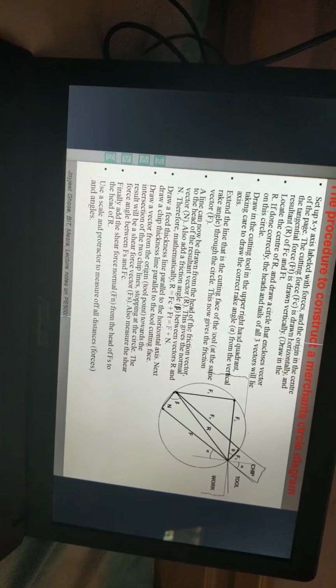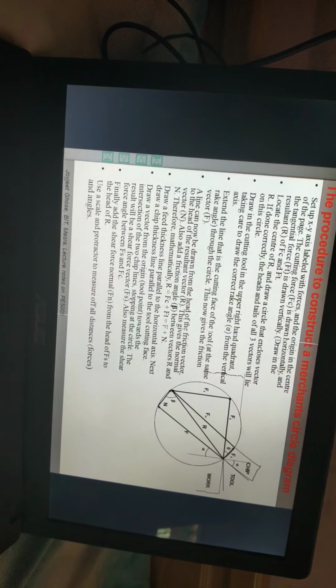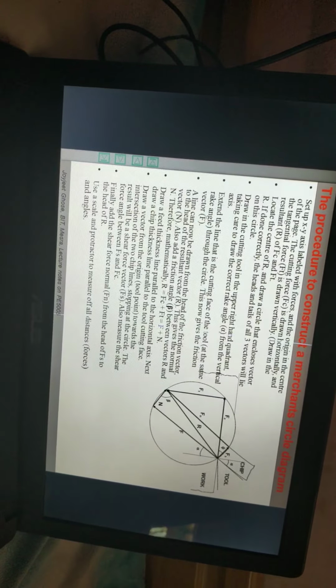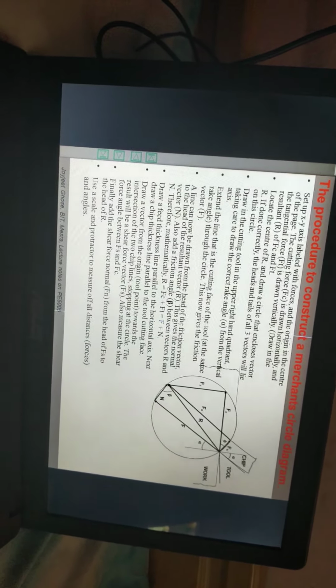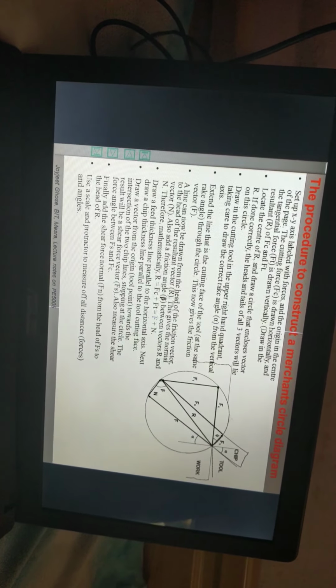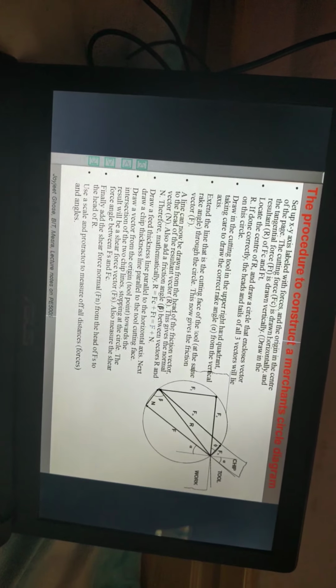Therefore, mathematically R is equal to Fc plus Ft, that is equal to F plus N, that is under root of Fc square plus Ft square is equal to under root of F square plus N square.